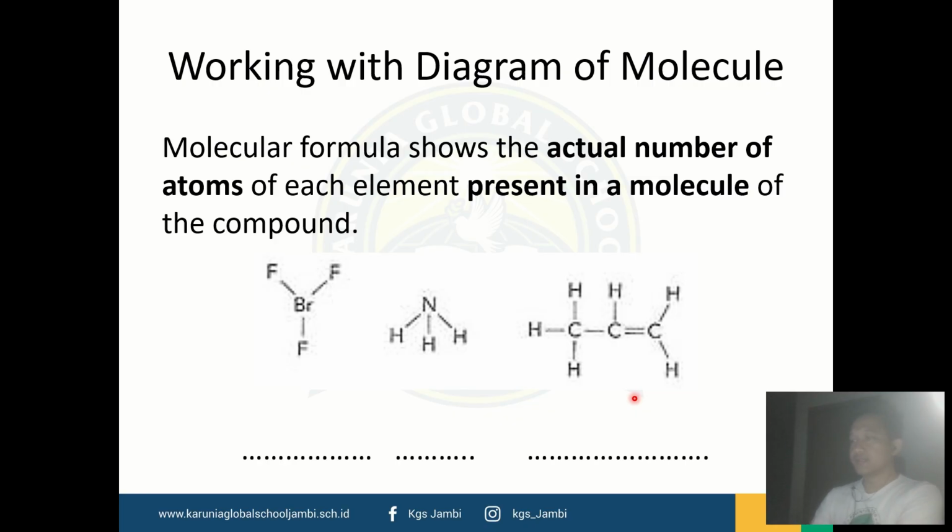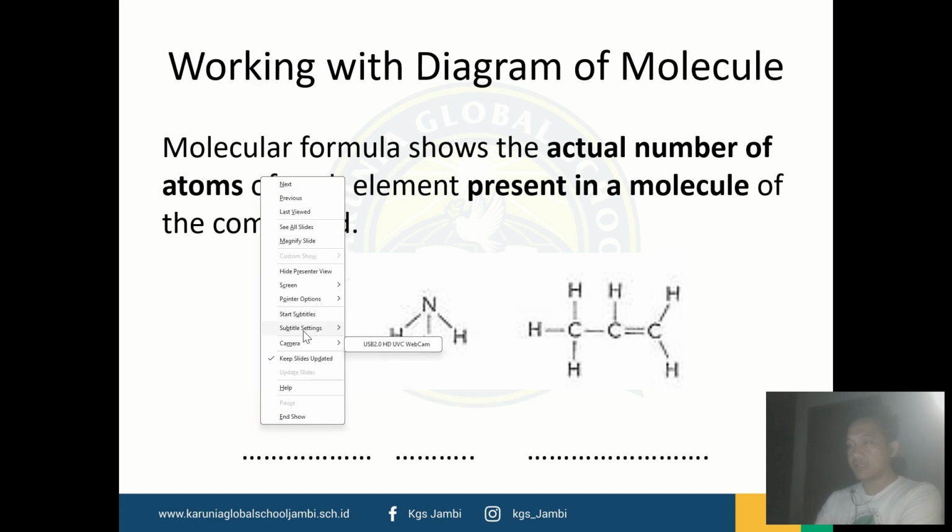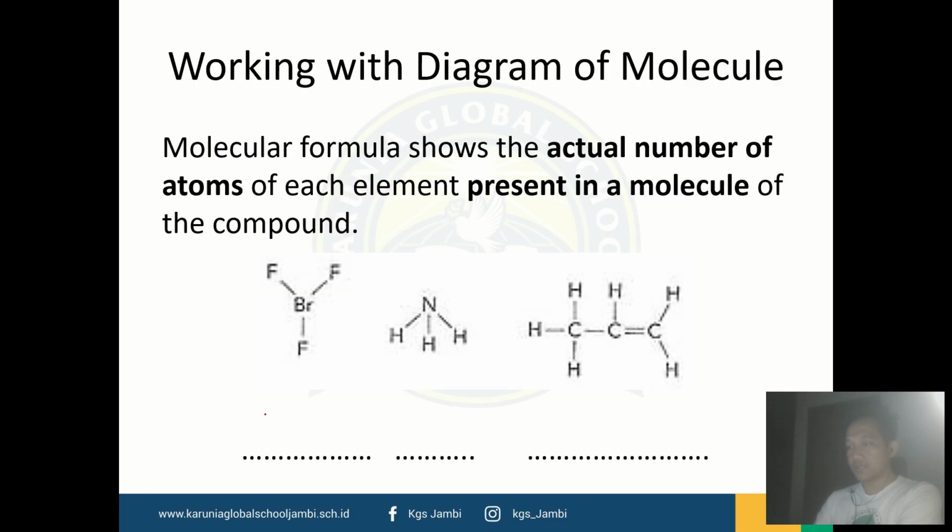Now, if we work with the diagram, the molecular formula shows the actual number of atoms. For example, bromine and trifluorine. If we write the formula, this becomes BrF3.